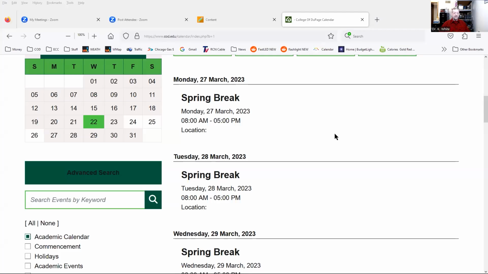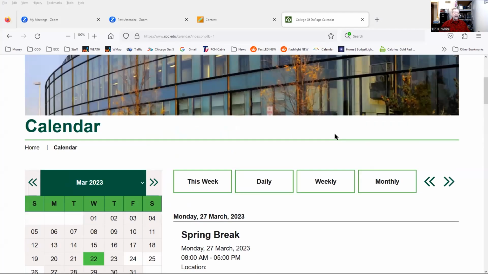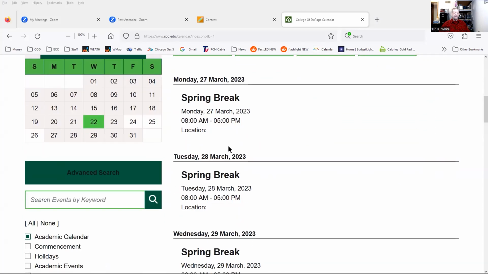Now, speaking about practice problems, today I'm going to go through chapter 4 practice problems. But before we go into that, if you look on your screen, you'll see the academic calendar for College of DuPage. Today's the 22nd.